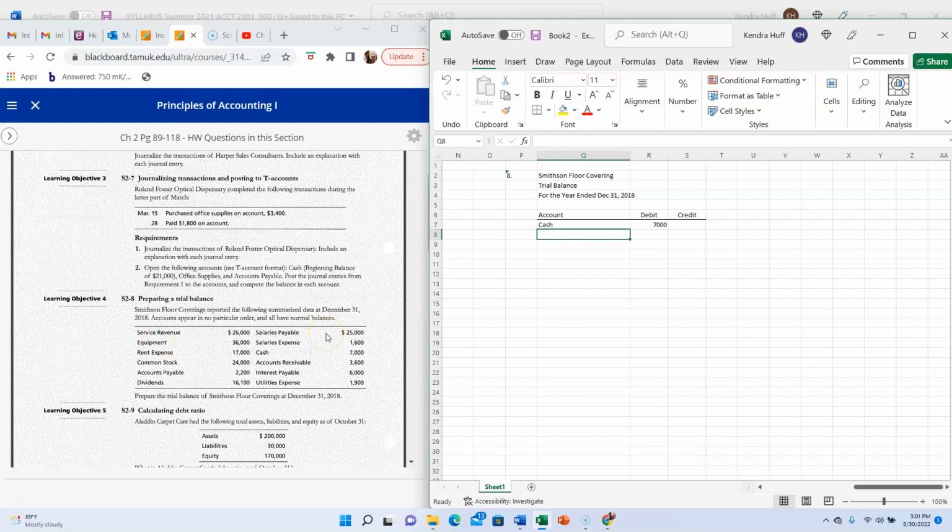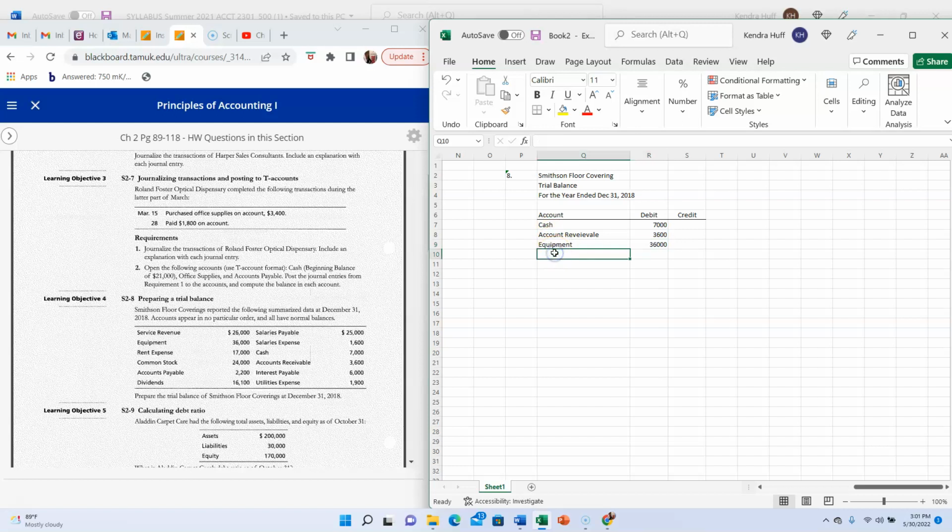So equipment is an asset, but I'm going to skip a line because it's a long-term asset. Accounts receivable is also an asset. Sorry for my spelling. Just leaving it. All right, I think that's all my assets.